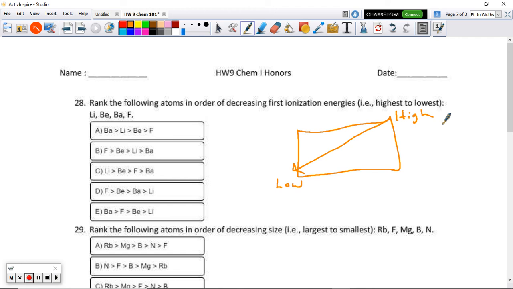This is basically going across the period. Fluorine is going to have the highest, so it's going to come first. Lithium, since it's in column 1, is going to have the lowest. Lithium has to be last. And then beryllium and barium have to be in between. Looking at that one, number 28.